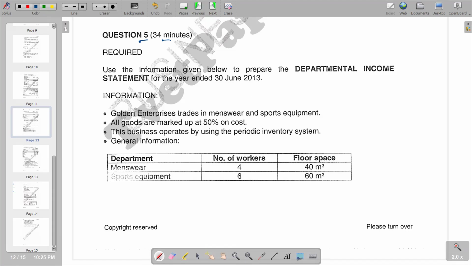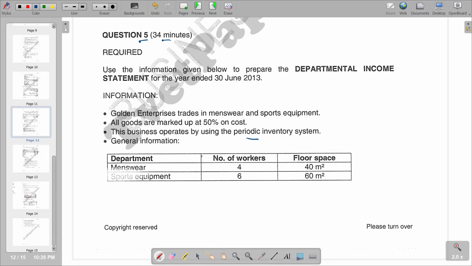The information part, of course, we are given: enterprise trends in men's wear and sports equipment. All goods are marked up at 50% on cost. The business operates by using the periodic inventory system. So you should be able to differentiate between the periodic inventory system and the perpetual inventory system.